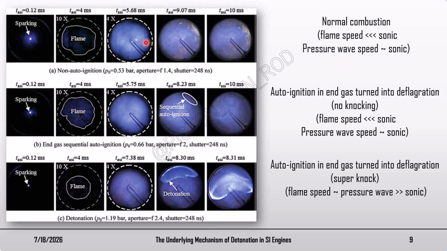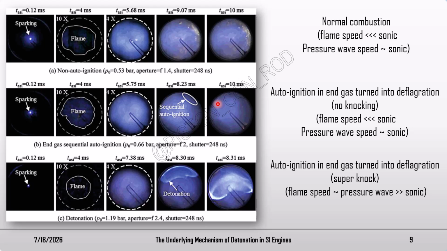So in the first image, which is normal combustion after the spark event, we have the flame front after 4 milliseconds, which is advancing and consuming all the unburned gases without resulting in an autoignition or any knock. So during normal combustion, the flame speed is much lower than sonic speed, and the pressure wave speed is also around the sonic speed.